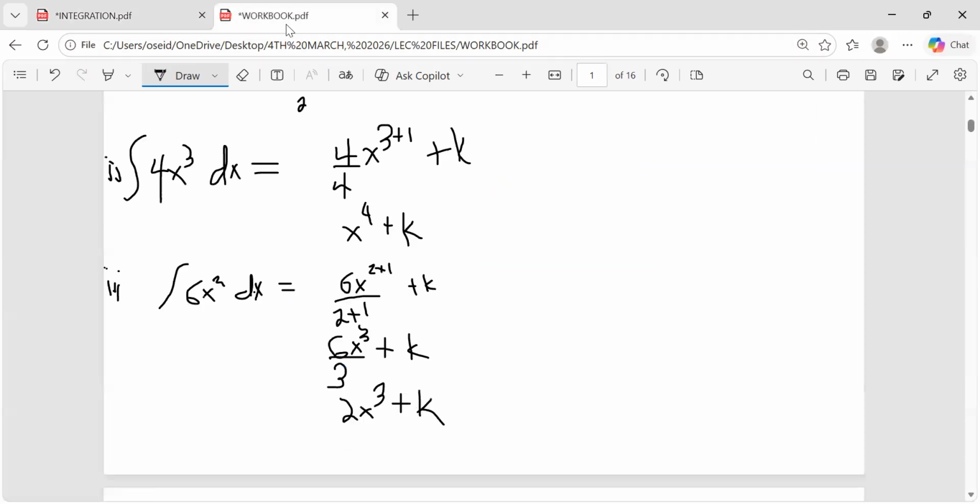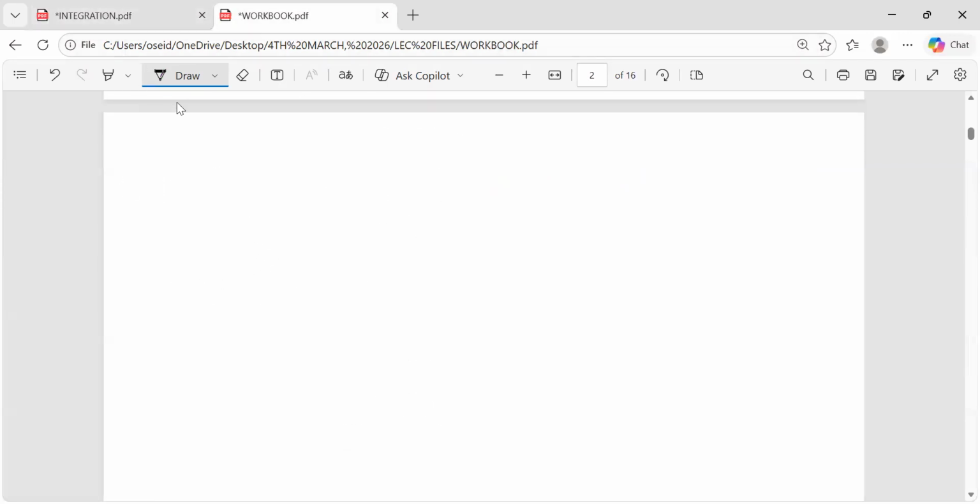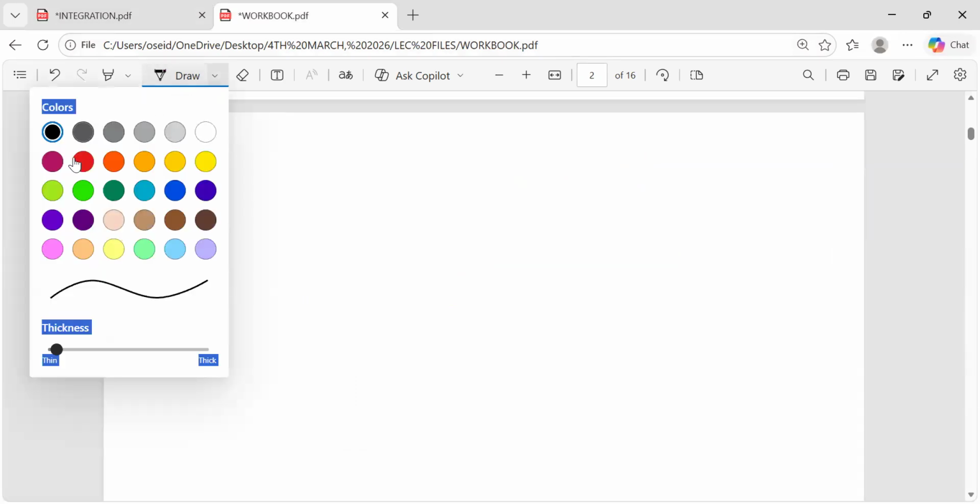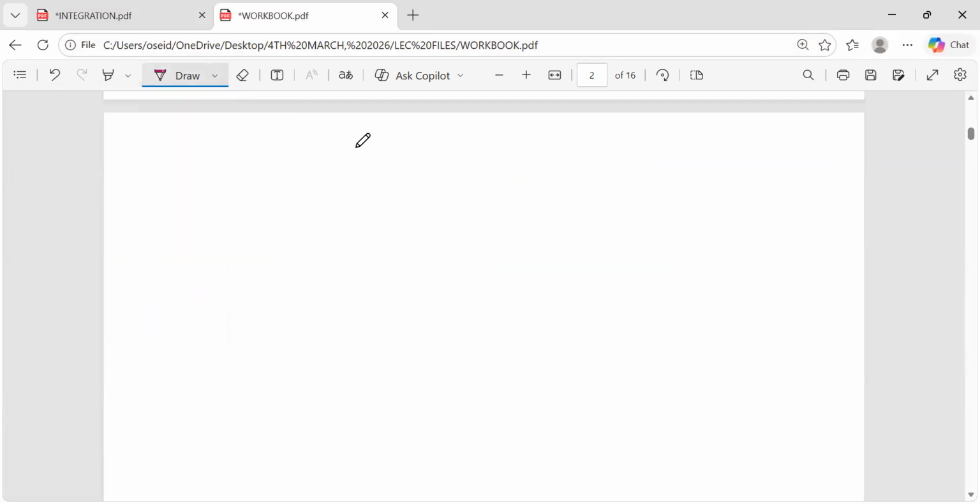The first example that we are going to take is integrating sum and difference.